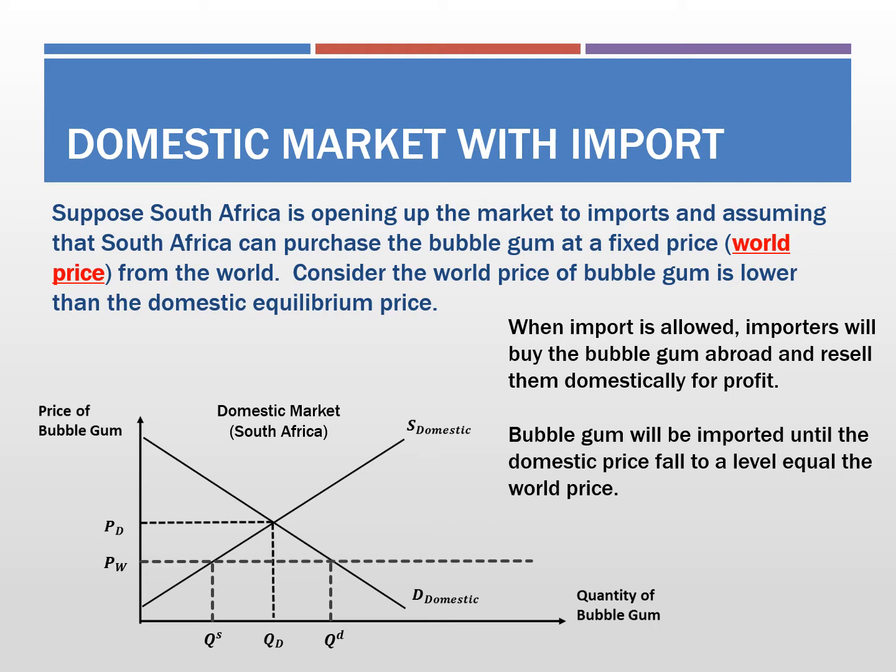So if you look very carefully at the domestic demand curve in the graph, you can find that point where PW, the dotted line, intercepts the downward sloping demand curve. And that's the point where the last units of bubblegum will be imported to the domestic market of South Africa.